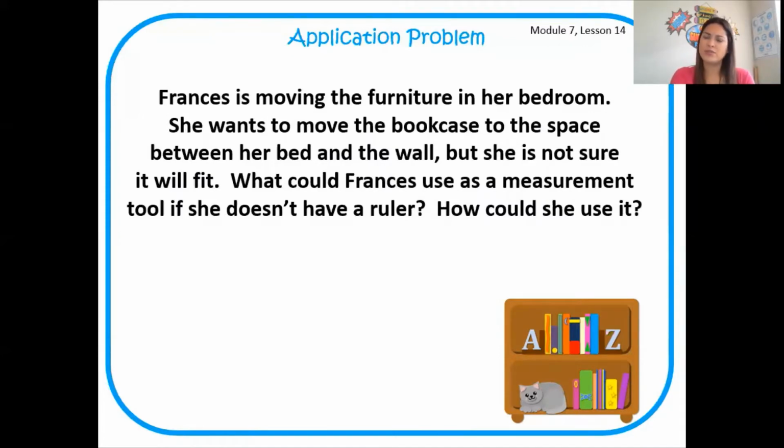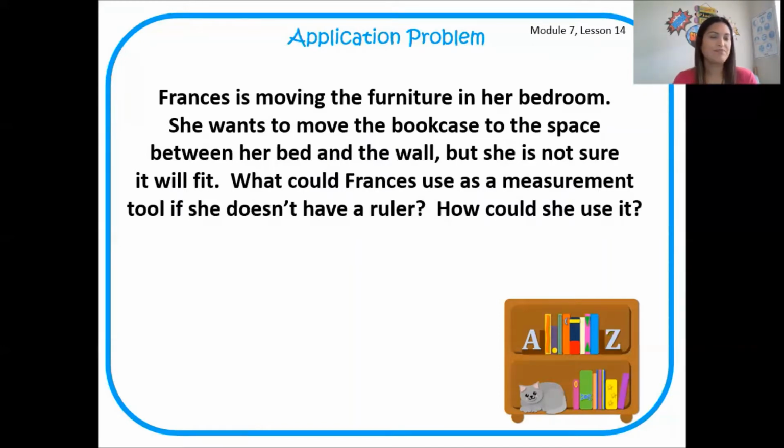So how can she do that? I want you to pause the video and think, what can she use to measure the space between her bed and the wall? You can draw a picture, write your sentence, and then come back when you're ready.